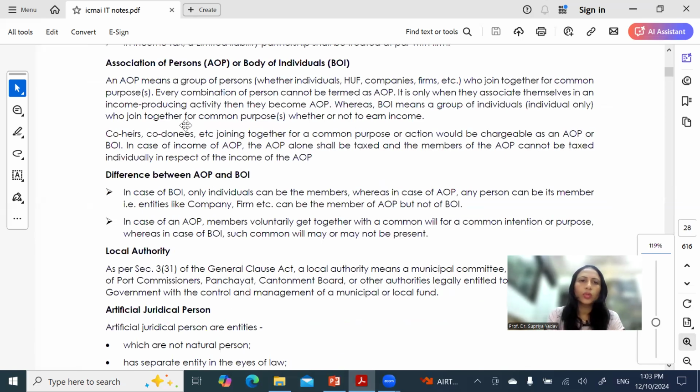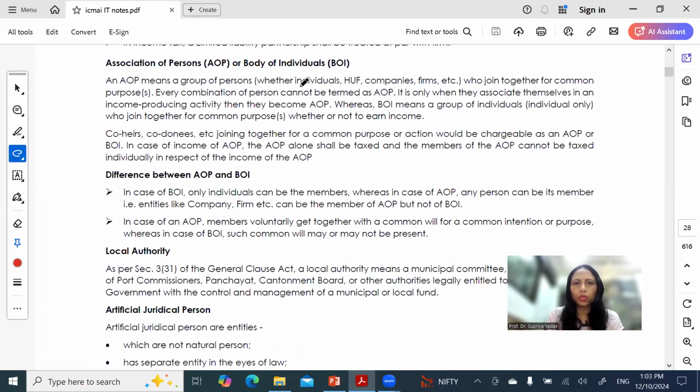AOP includes individuals, HUF, companies, and firms, meaning partnership firms. All these persons are included in AOP. That is the association of persons.